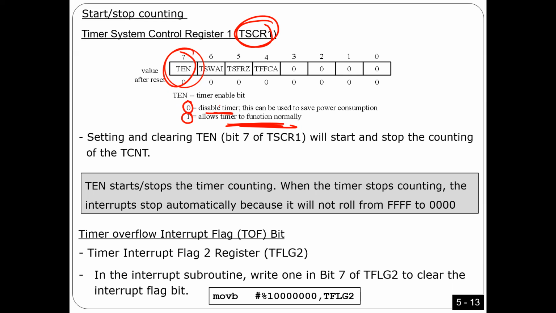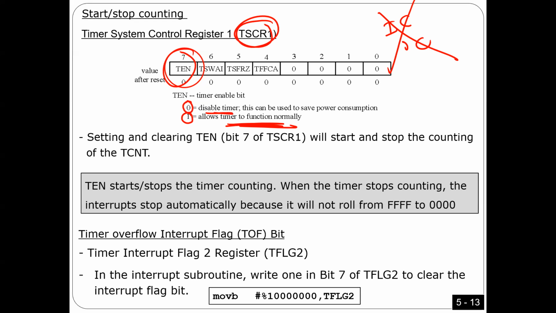And usually, think about it. If the timer is not counting, I can't use input capture, I can't use output compare for sure, because input capture and output compare depend on the value of the timer. So if the timer is not working, that means input capture and output compare are not working for sure.